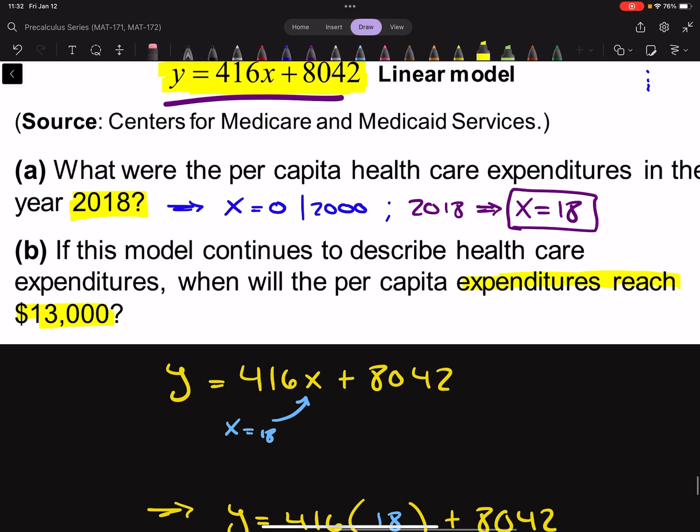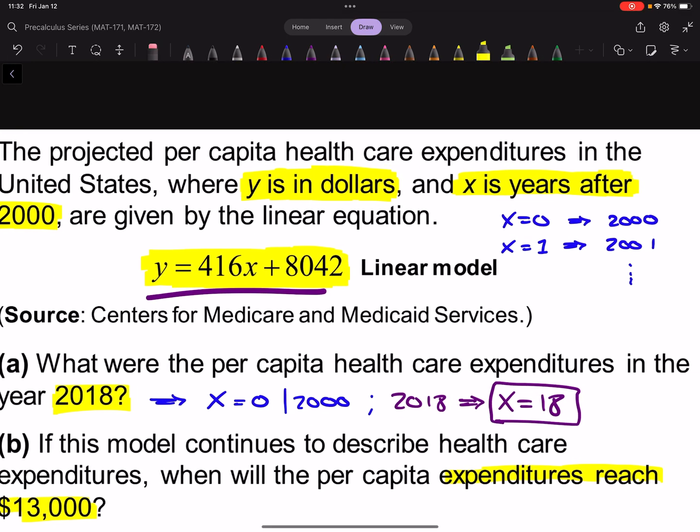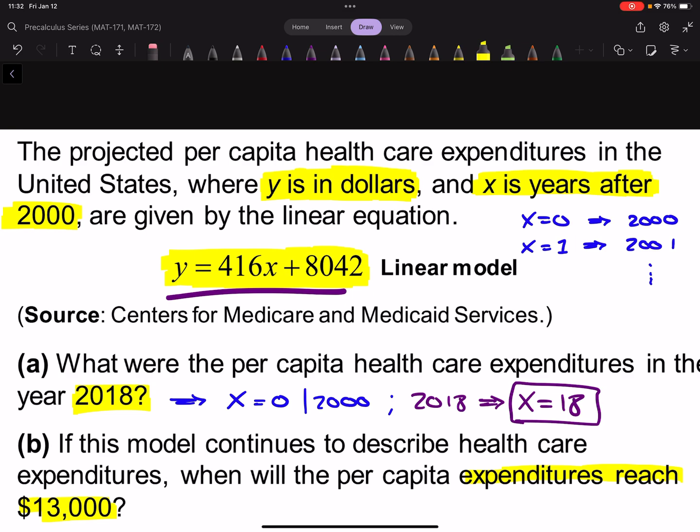Now let's go back to the way we defined X and Y. Notice it says Y is in dollars. All right, so Y is in dollars and X is years. So we don't describe, well, I guess you could describe time as money in a way, but we don't typically assign a monetary amount to describe the amount of time it's going to take.